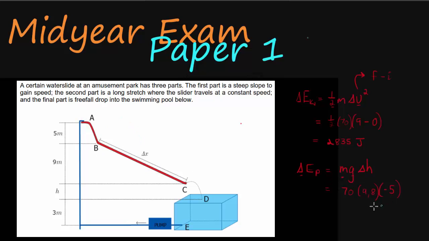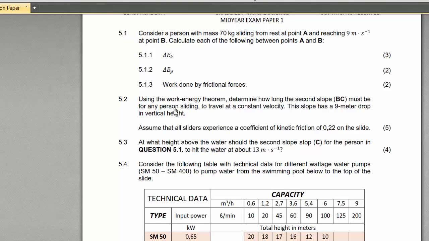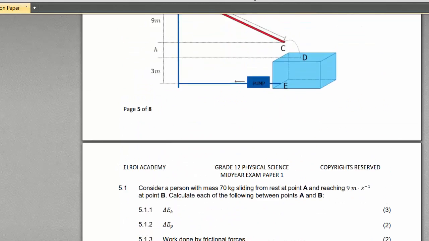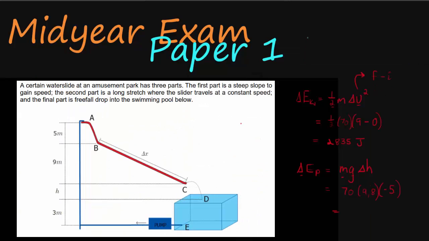The vertical drop is 5 meters. So minus 5 because I'm losing 5 meters. I'm going from point A to point B, a 5 meter drop. Let me just see if that information is there. It's not on there, but it is in the sketch. Okay, there's a 5 meter drop there.